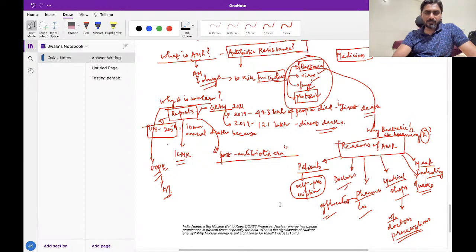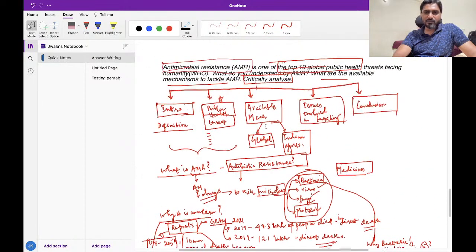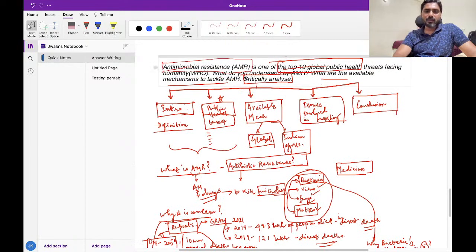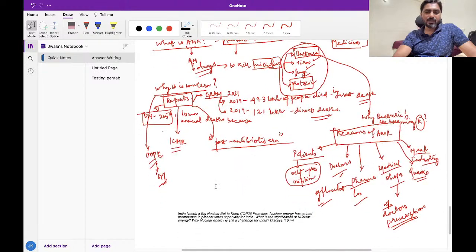Let us look at another aspect of this question. It is asking, what are the available mechanisms to tackle AMR?